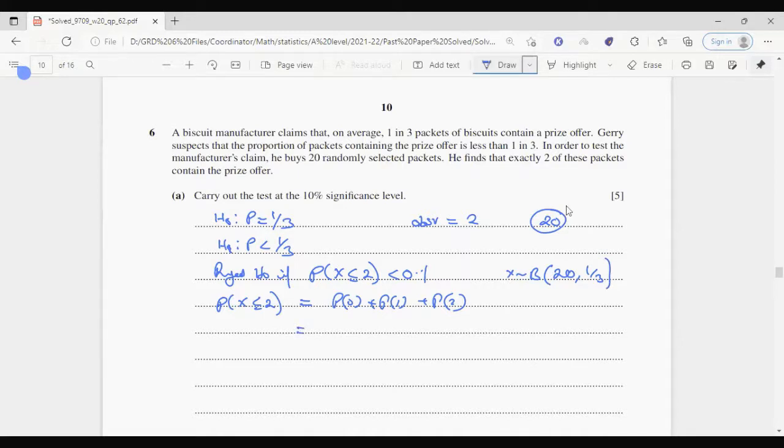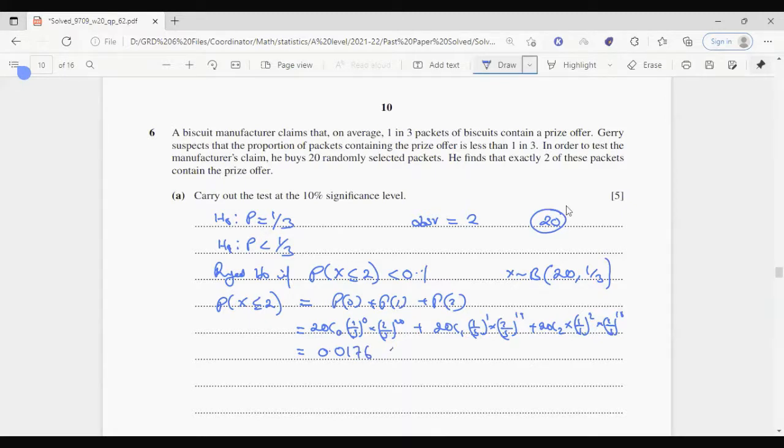So it is 20C0 times 1/3 to the power of 0 times 2/3 to the power of 20, plus 20C1 times 1/3 to the power of 1 times 2/3 to the power of 19, plus 20C2 times 1/3 to the power of 2 times 2/3 to the power of 18, which gives you 0.0176.